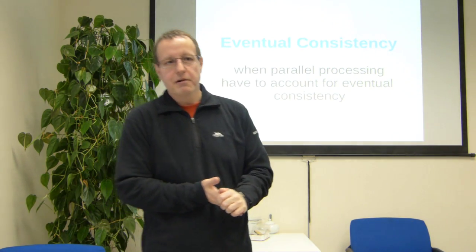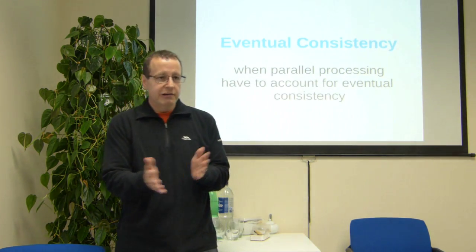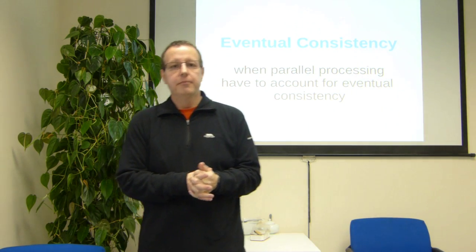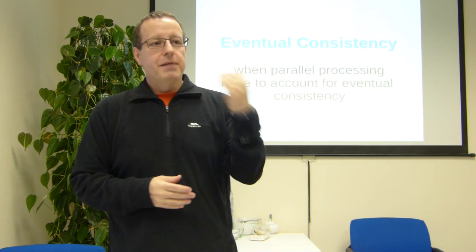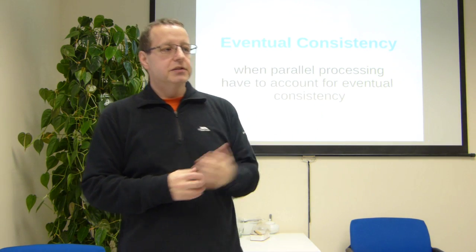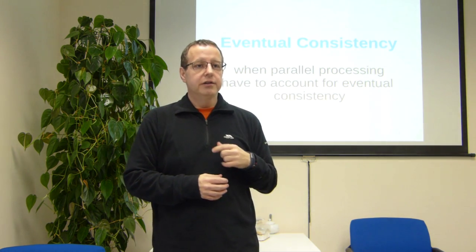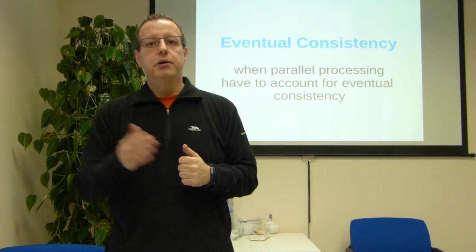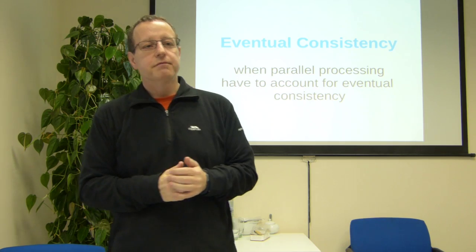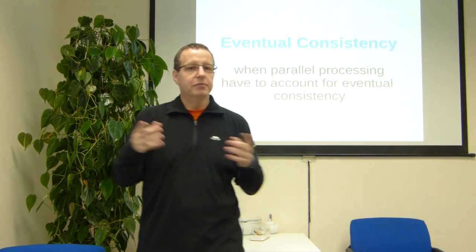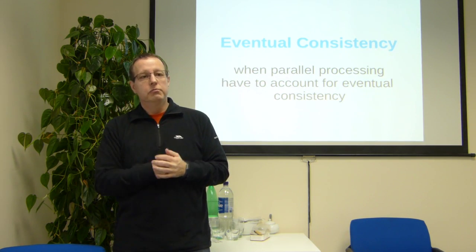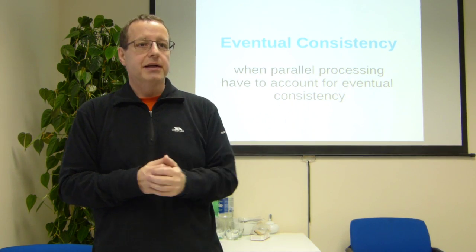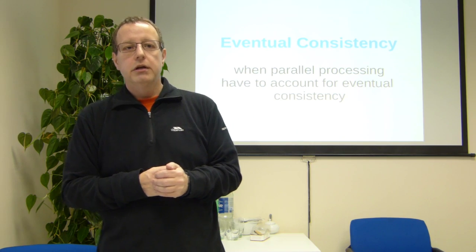If you're doing parallel processing or asynchronous processing, you do need to be aware of eventual consistency. If your command handler returns immediately because it's dispatched the command, your client might then do a query and expect to see the result of that already done, but that event might still be flowing through the system. So you have to be aware that you might see things that are older than the last command that you've issued.